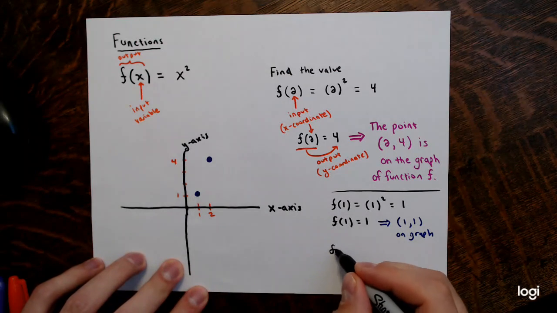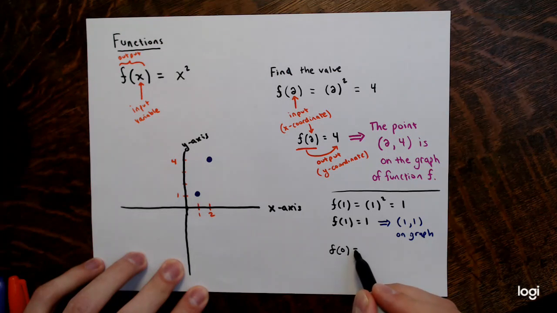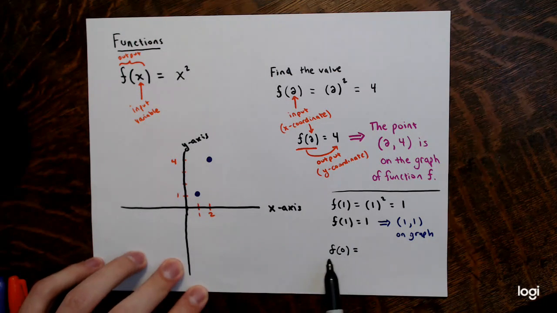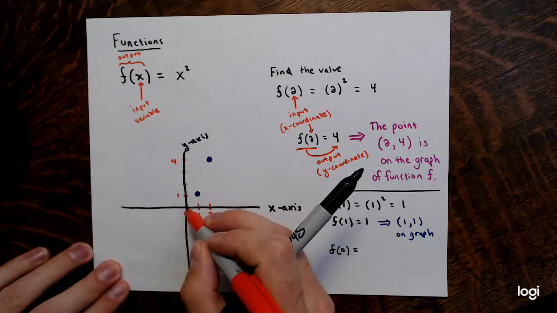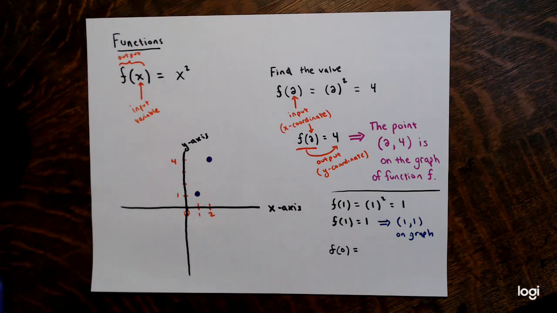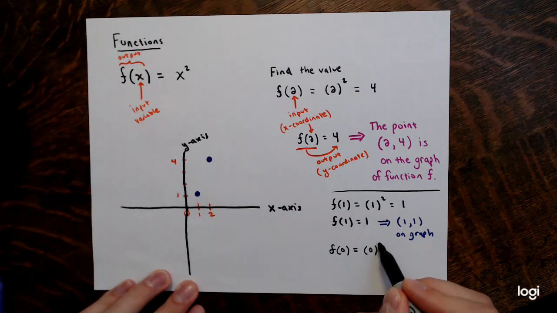How about what's f at 0? Well, again, now I'm at 0 on the x-axis, so right in the middle, 0 on the x, and I replace x with 0, so that's 0 squared.